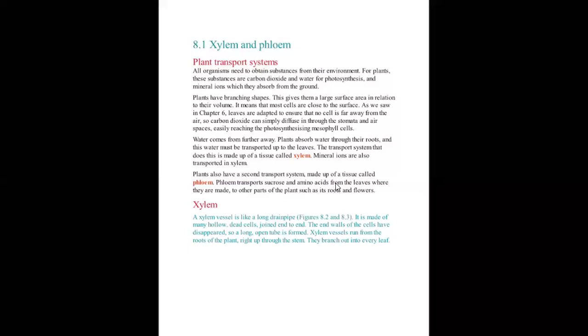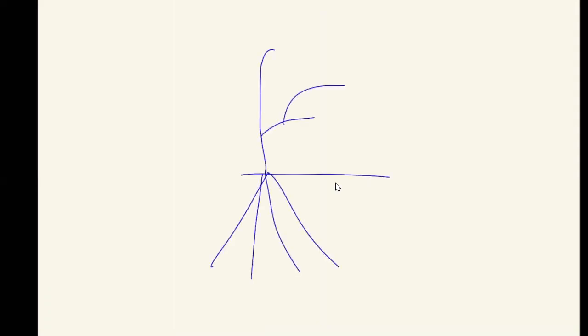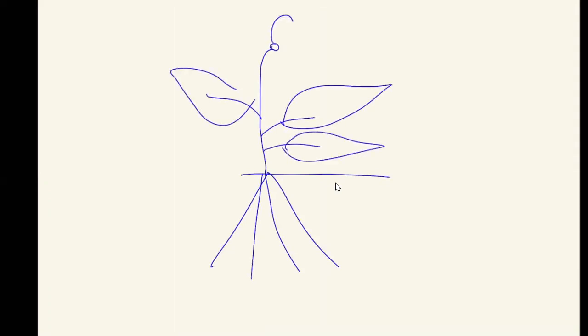So this is how we teach children: we draw a diagram and then we tell them, look, this is a plant, okay? And let's say this is the root and these are the leaves, drawing some leaves, and then there is a flower and there's a fruit also, right?